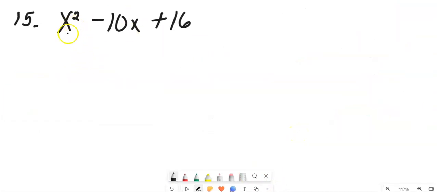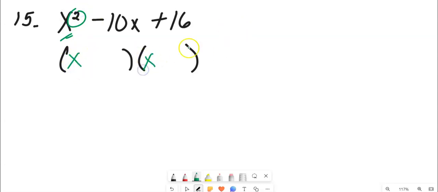All right, for number 15, all we have to do is factor, and we're going to set up our parentheses. With this x, since it's squared, all we have to do is write the x each time. Now, this operator here, plus, is telling us that whatever this is, it's going to be the same. That means it's going to be x plus, x plus. Now, what do we do to get this number and this number?